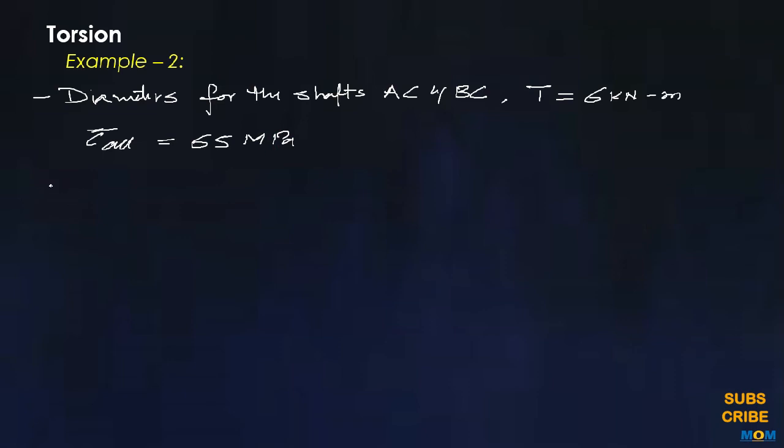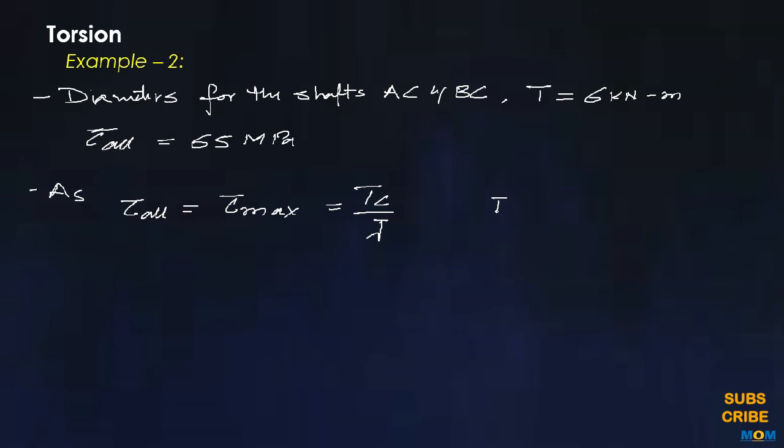Now to solve this, tau allowable is equal to tau max, which is equal to Tc upon J. Now here J is for the case of solid shaft.